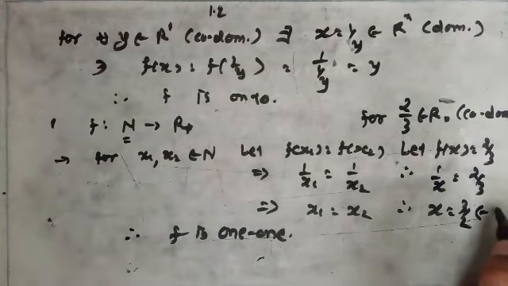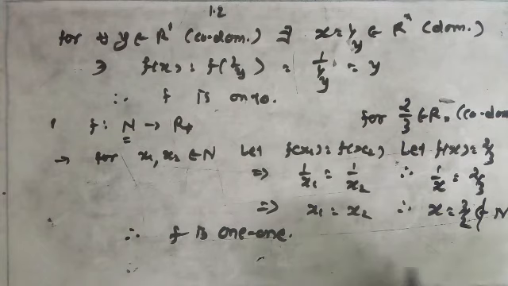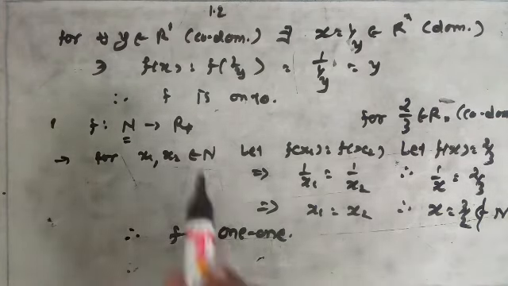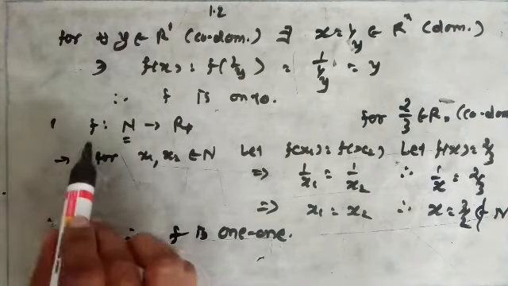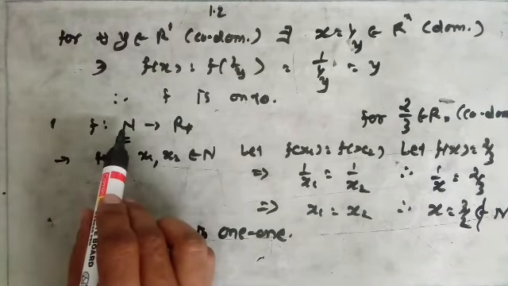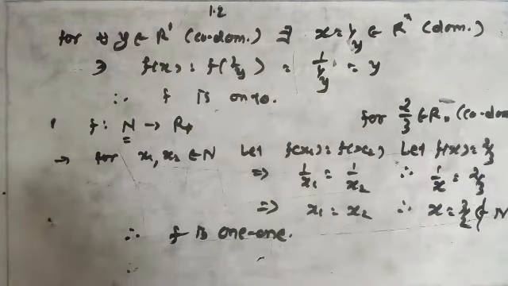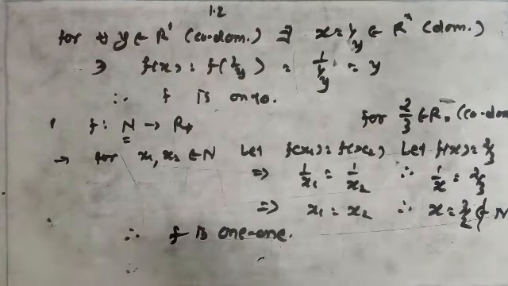and 3 by 2 never becomes an element of the set of natural numbers; it does not belong to N. Therefore for 2 by 3 belongs to R star, there does not exist x belongs to N such that f(x) is equal to 2 by 3. Clear?